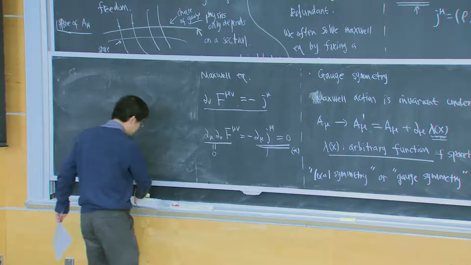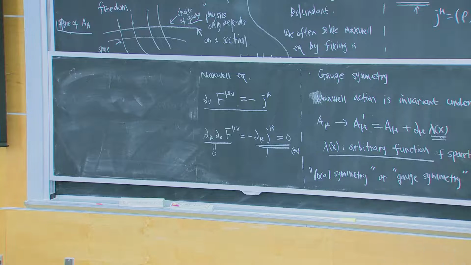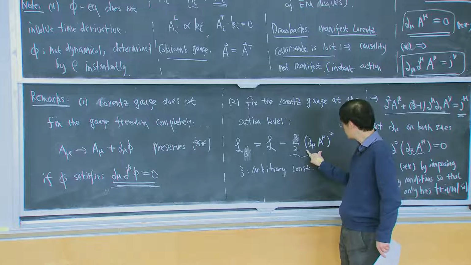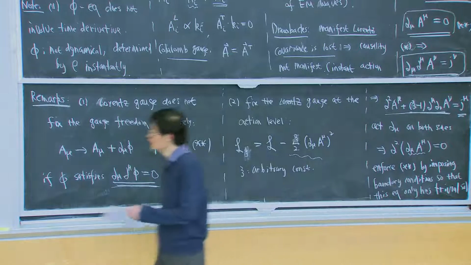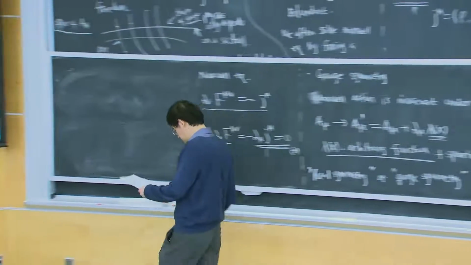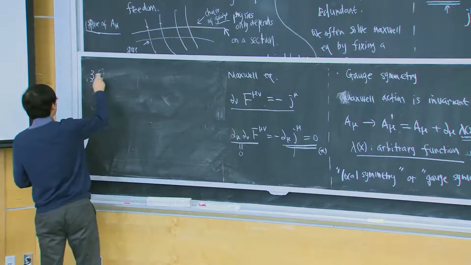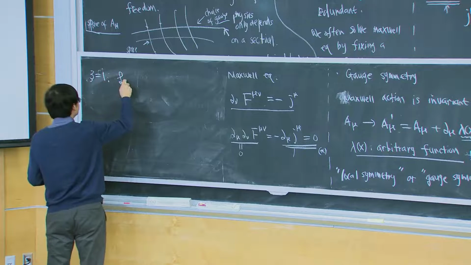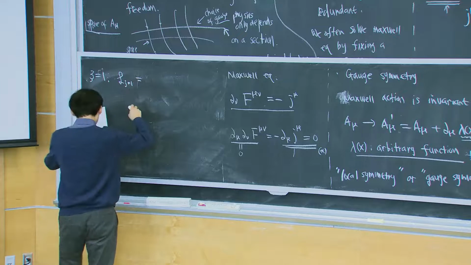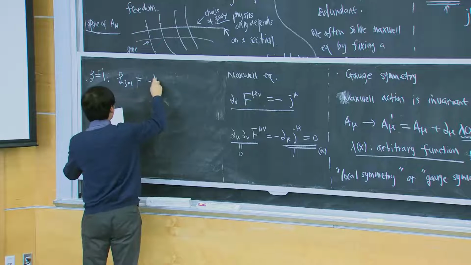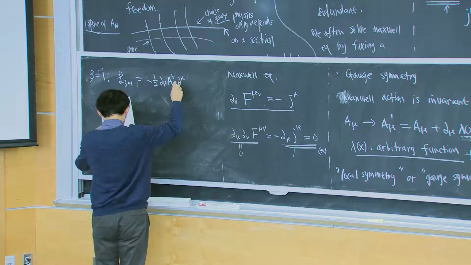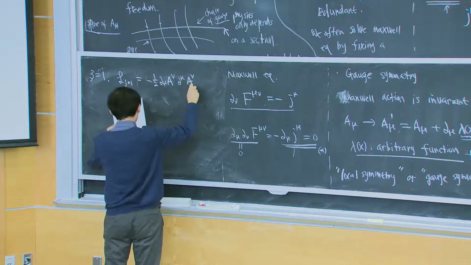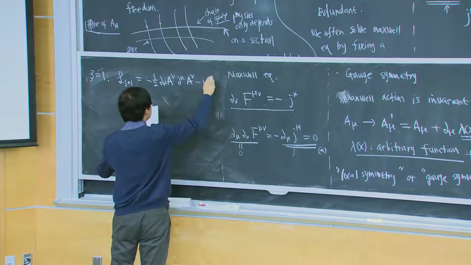So if you put psi equal to 1 here, then you will find that this term actually cancels exactly with some of the terms in this L. So when psi equal to 1, the Lagrangian becomes the following: 1/2 partial mu A nu partial mu A nu minus J mu A nu.